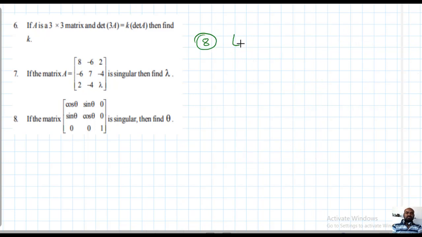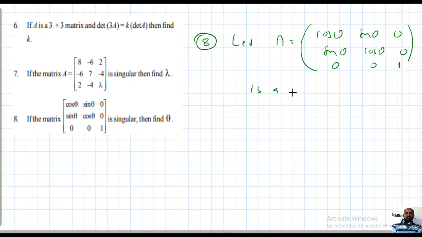Let the matrix A be given as cos theta, sin theta, 0; sin theta, cos theta, 0; 0, 0, 1, is a singular matrix. That is, its det equal to 0.